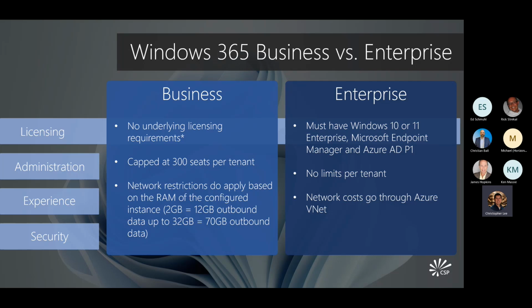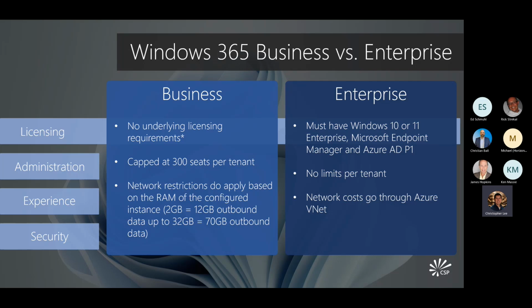You are capped at 300 seats because it is business, and that's how all the business SKUs work. They're designed for organizations of 300 seats and less. But there are some restrictions on networking capabilities. This is based on the license, or the SKU size, I guess, of Windows 365 Business that you choose. So if you choose a configuration that has 2 gigs of RAM, you get 12 gigs of outbound internet traffic per month.